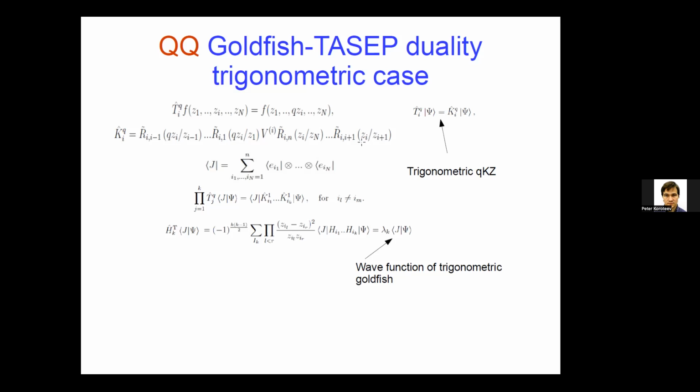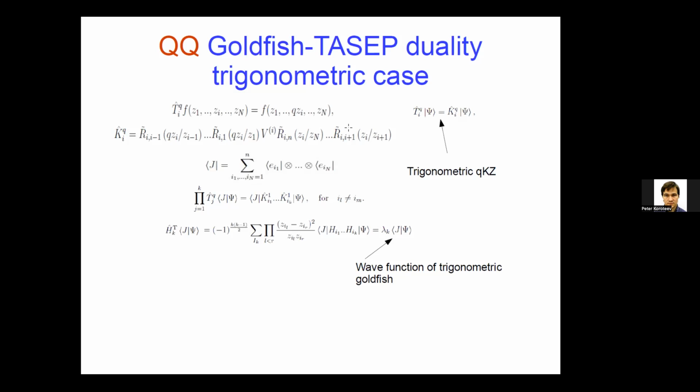Let me remind that the ξ's are the local jumps. The special vector I talked about is expressed here. We consider the overlap of the solution to the Knizhnik-Zamolodchikov with this vector, act by the trigonometric goldfish Hamiltonian and get the corresponding eigenvalue, which is expressed in terms of twists in the TASEP type.